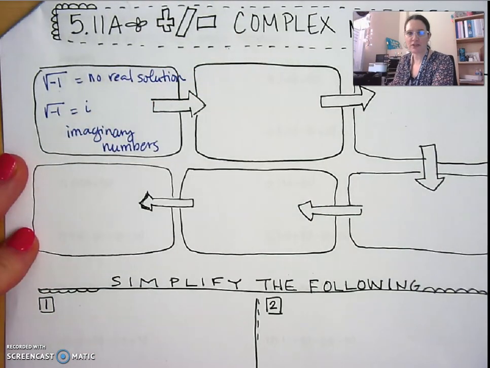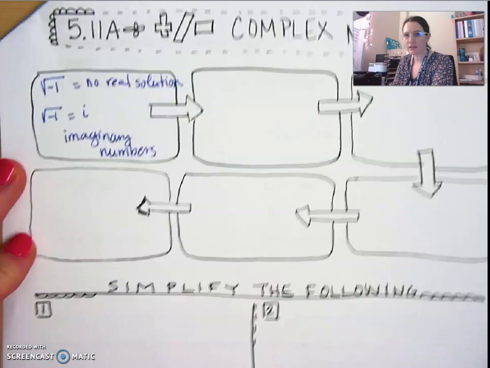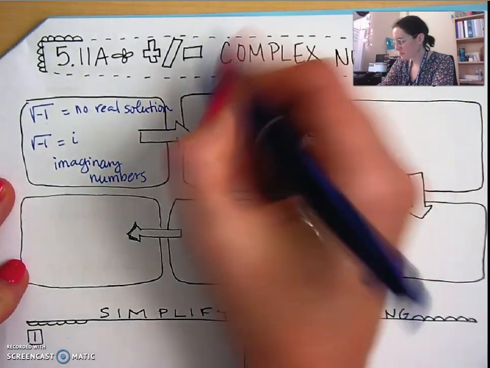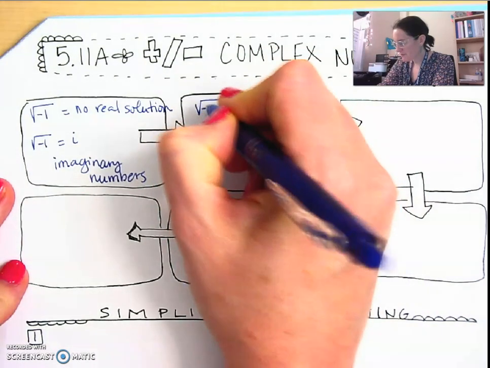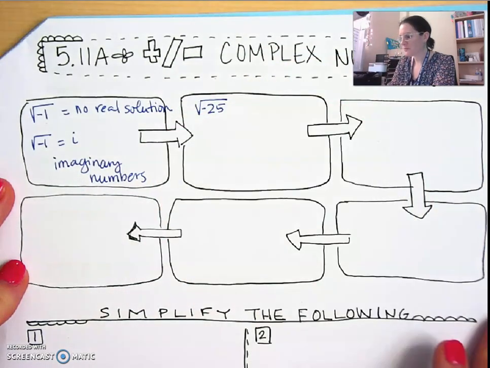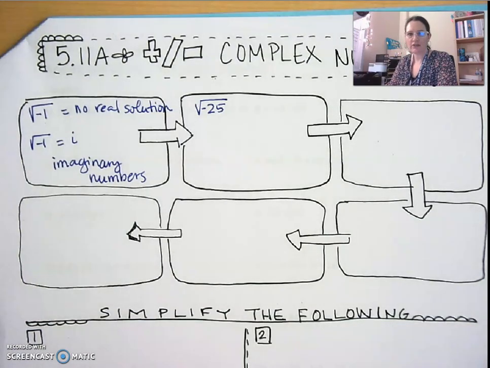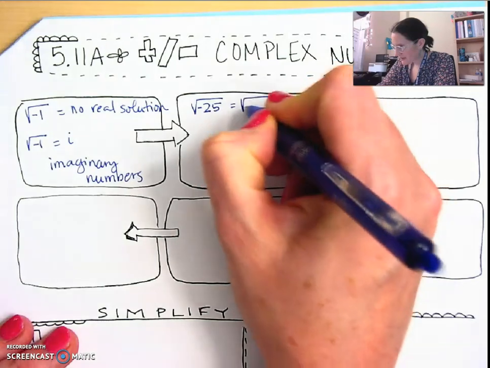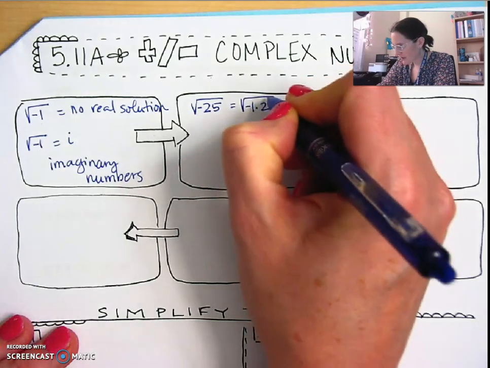So we're going to practice for a second simplifying radicals, which we've been doing the last couple of units, but this time with a negative thrown in. So the first example I'm going to give you has a perfect square in the radical. So square root of -25. I'm going to have you rewrite that as -1 times +25.